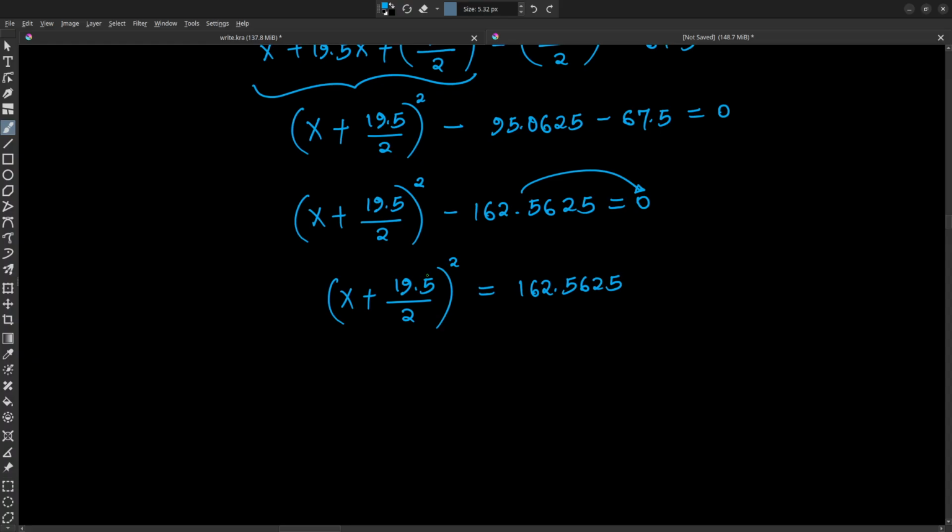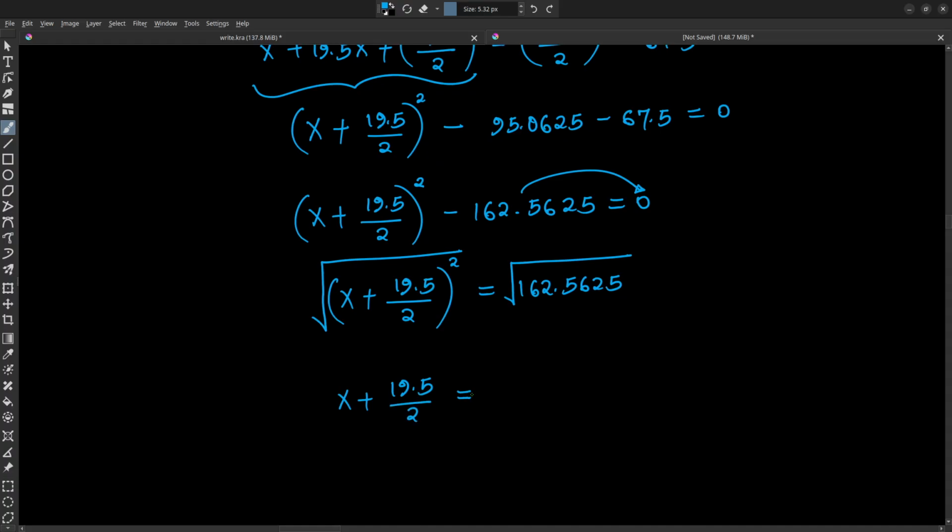Our interest is the x, but we have this square here. So to remove the square, we find the square root of both sides. So we are going to take the square root of this, and we're also going to take the square root of that. Now, the square root of the square of something is that something. So in this case on the left, we are only left with x plus 19.5 over 2.